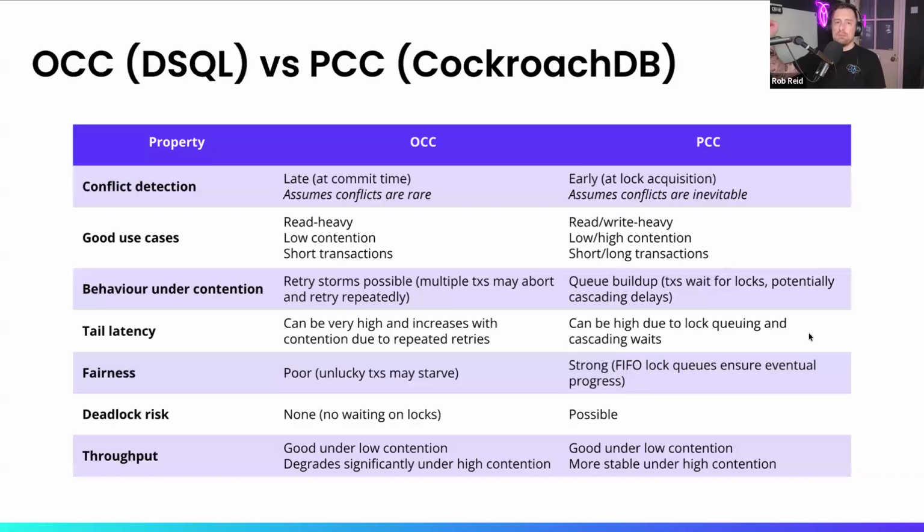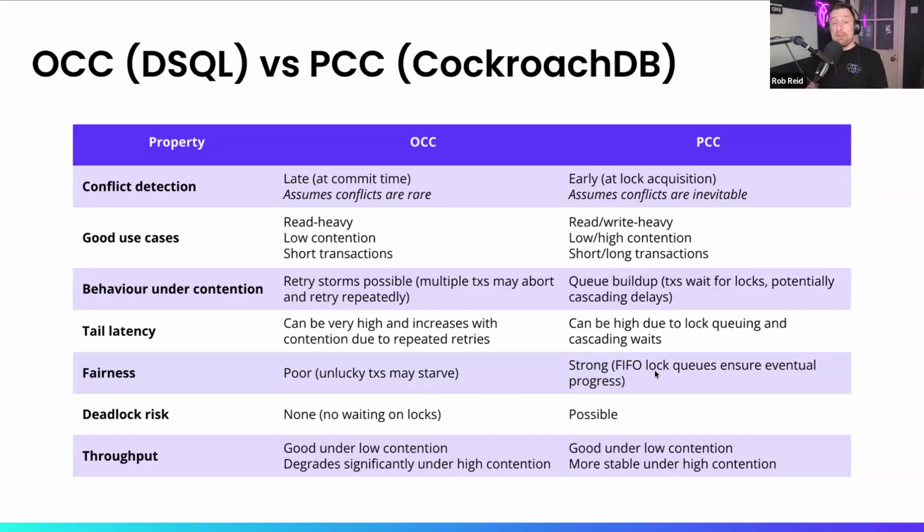In terms of transaction fairness, OCC can offer poor fairness for transactions if they're unlucky enough. So let's say you have a longer running transaction in OCC. If it's constantly trying to access data that's being updated by faster or shorter running transactions, it may never finish, and that's called starvation in the world of transactions.